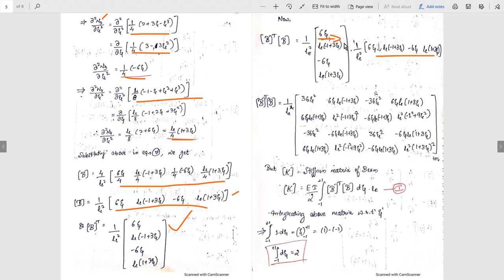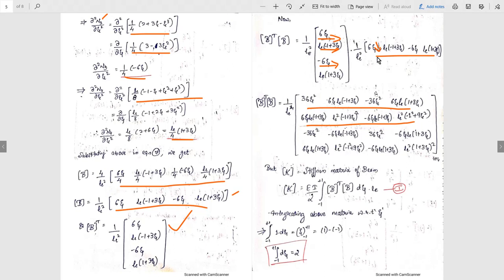When you multiply with each of the terms in this matrix, you'll get the first row. This again with all of these, you'll get the second row, and this with each term you'll get the third row, and lastly this with this. And outside, 1 upon le raised to 4.